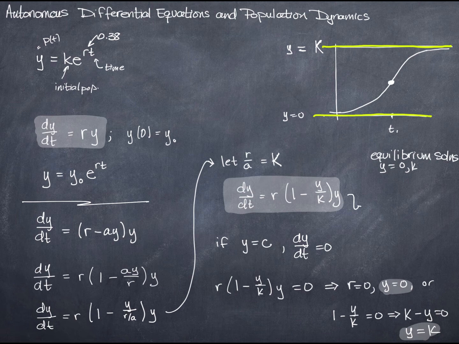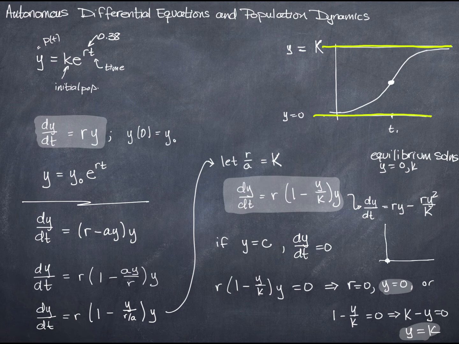Now notice that another way to write this equation is dy/dt equals r times 1 times y minus r times y over k times y. That means this is a quadratic. Moreover, it is a negative quadratic, so it's going to have this kind of shape.